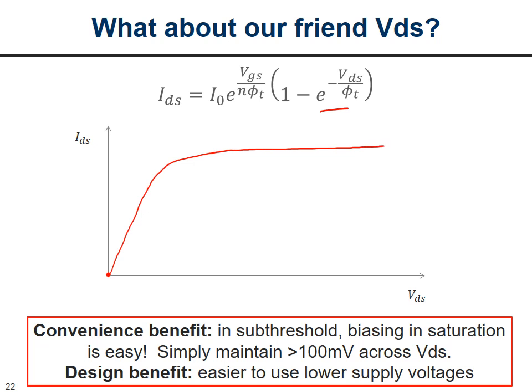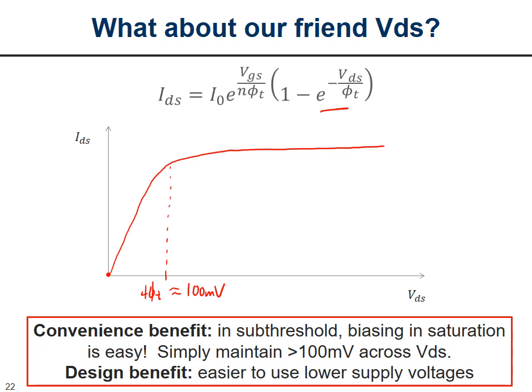After we saturate, doesn't matter if VDS increases, we basically don't get any increased drain to source current. So we effectively get a saturation region within the subthreshold region, just like we do in the above threshold region. And we can say that this transition from the linear mode versus the saturation mode happens at roughly 4 phi t, or about 100 millivolts at room temperature.